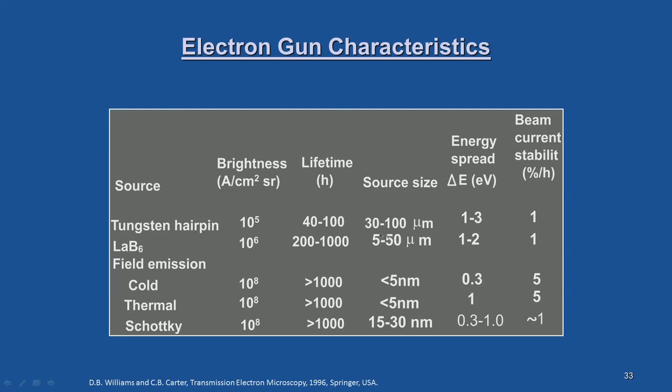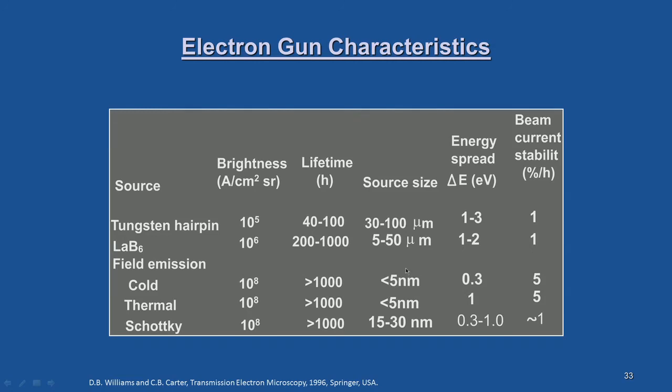For thermionic sources you can go up to 30 to 100 microns, LaB6 can go up to 5 to 50 microns, and here we are talking about less than 5 nanometers.